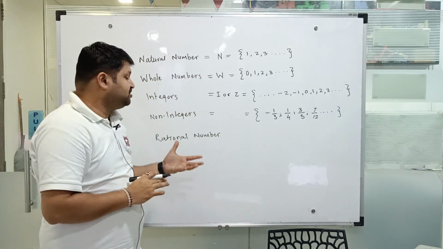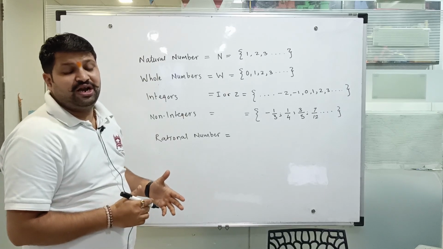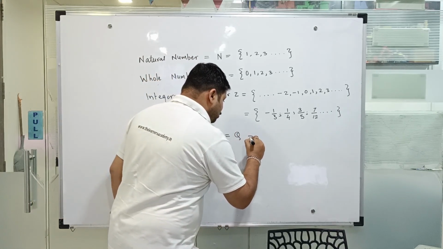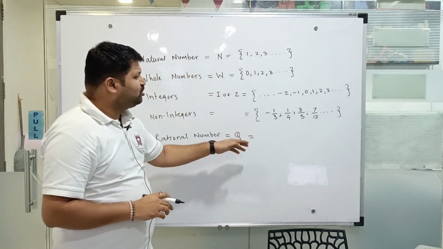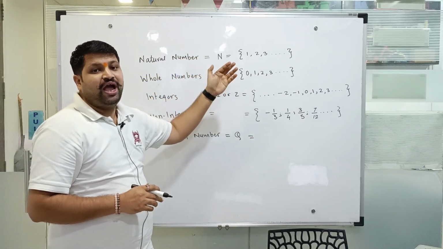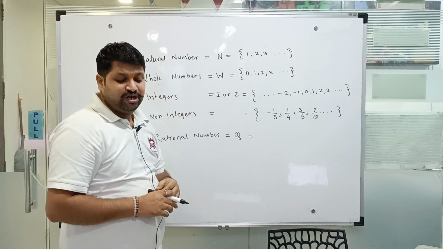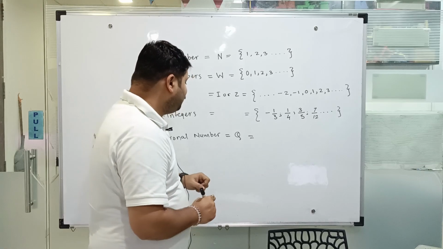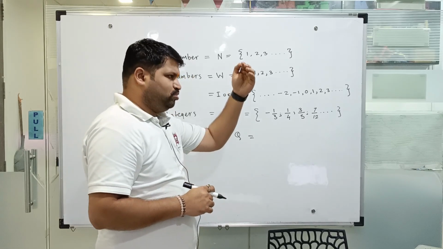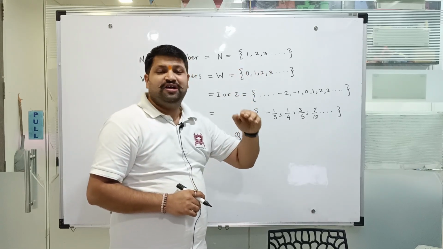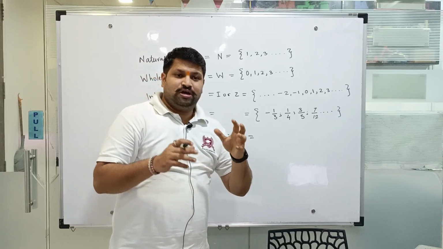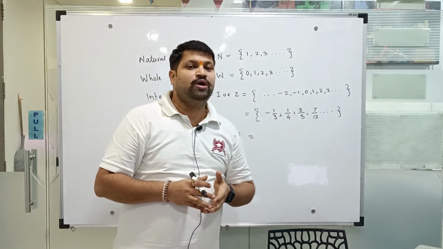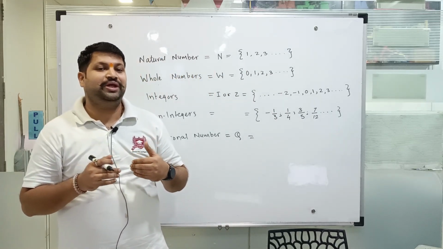Rational numbers are generally denoted as Q. They are all the integers and all the non-integers taken together. Effectively, it would be anything that can be written in the form of P upon Q, or A upon B for that matter, where the denominator can't be 0. Because in mathematics, if the denominator is 0, then the whole division is not defined.